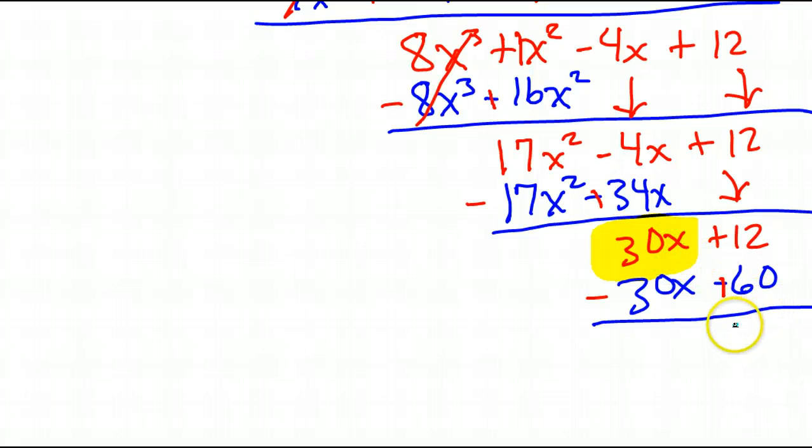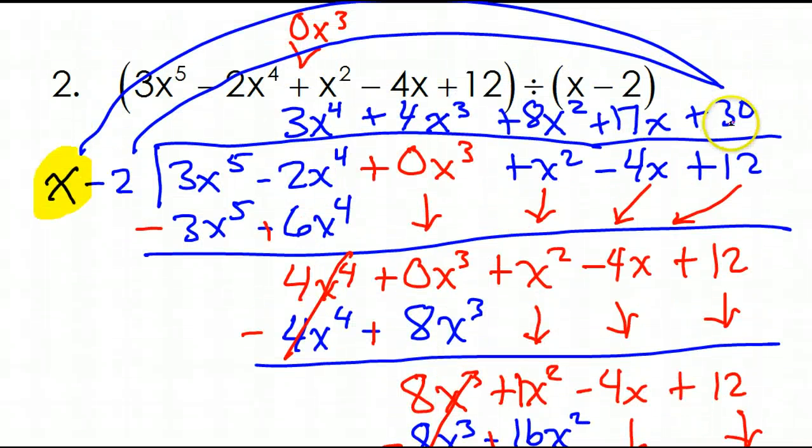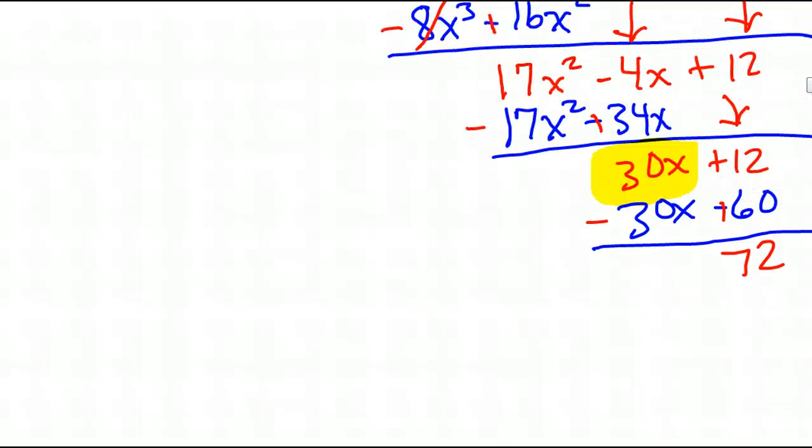Okay, and this is going to leave me with 72. Positive 12, positive 60, that's 72. All right, and that's the remainder, guys, because I've already got to the constant. This is certainly the remainder that's left.